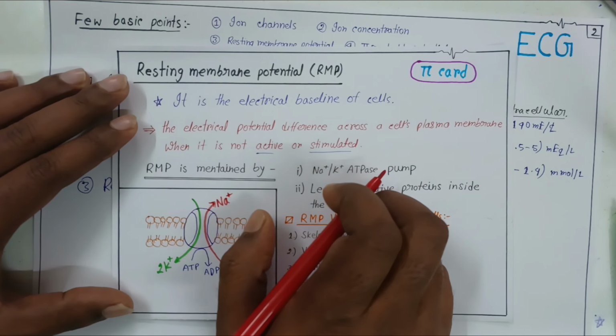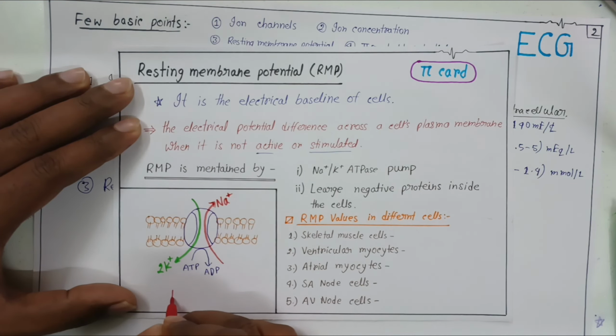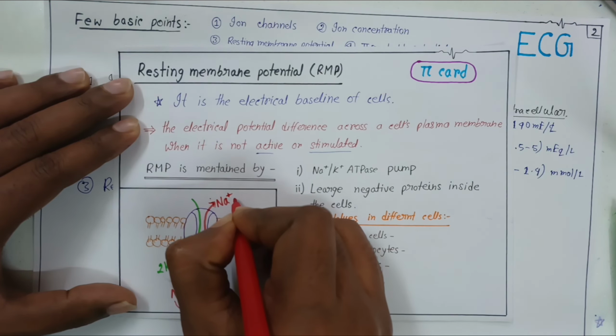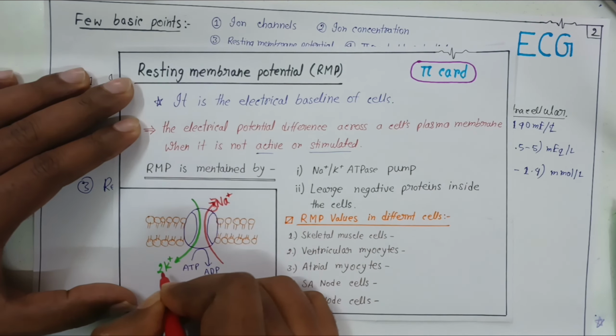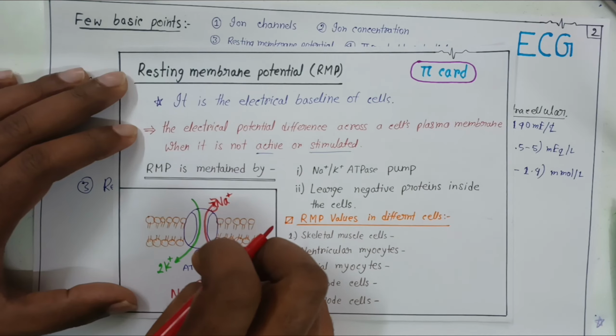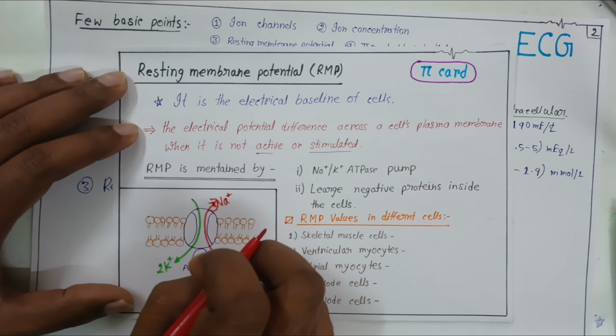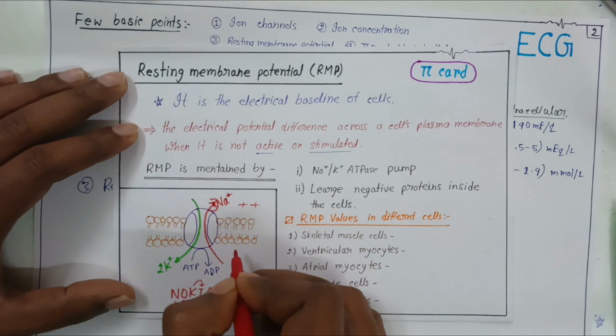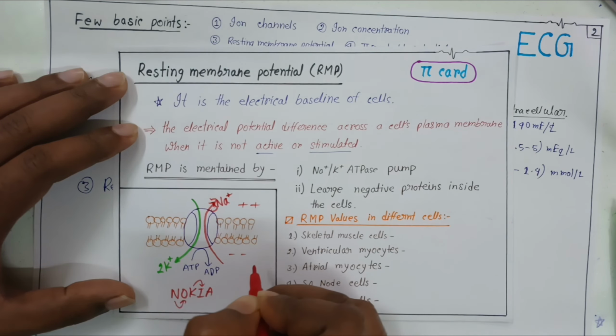With the mnemonic of NOKIA, you can remember this: sodium out, potassium in. So 3 sodium out and 2 potassium in. So net charge will be positive on the extracellular part and negative in the intracellular part.